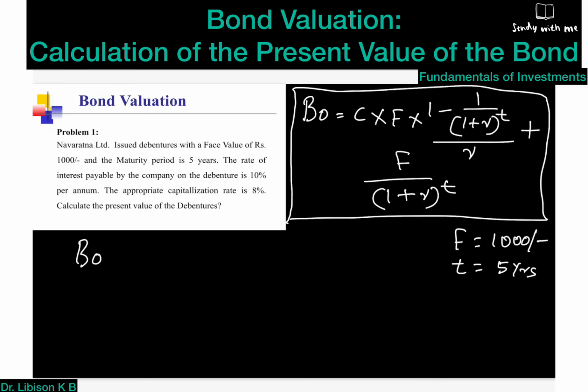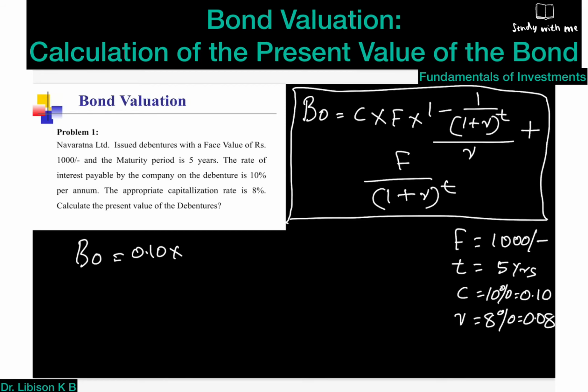Rate of interest payable by the company on the debenture is 10%, that is what is called coupon rate, C. 10% is equal to 0.10. Then appropriate capitalization rate, that is 8%, R is equal to 8%, so 0.08. Let us solve the problem using the formula.